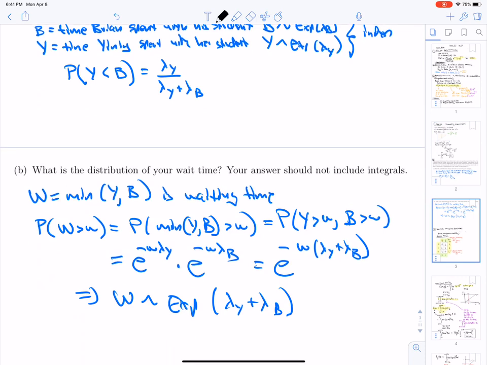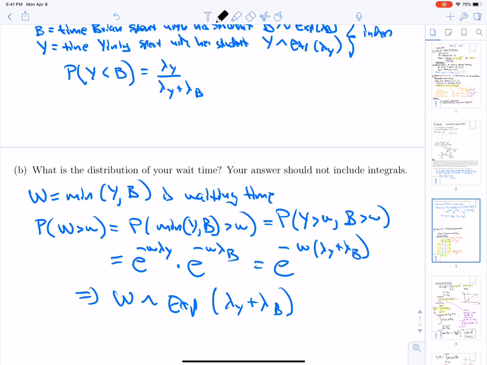What's the distribution of your wait time? Well, the wait time W is the minimum of Y and B. A good strategy to find the distribution of the minimum is to look at the probability that W is greater than w, because for the minimum to be greater than w means that Y is greater than w and B is greater than w, and we know that Y and B are exponentially distributed.